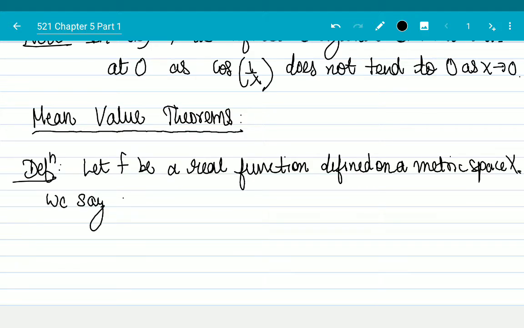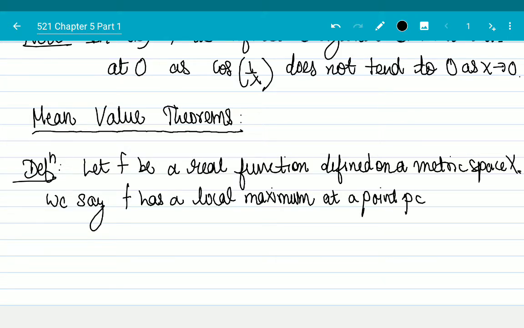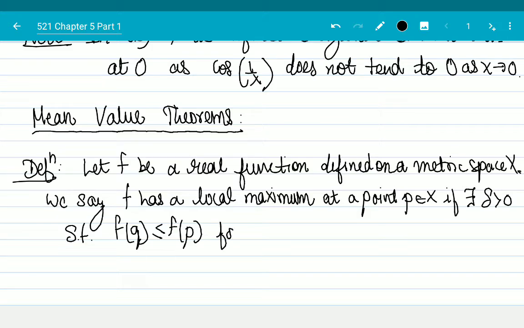We say f has a local maximum at a point p belonging to X if there exists delta greater than 0 such that f of q is smaller than or equal to f of p for all q belonging to X with d of p comma q less than delta.